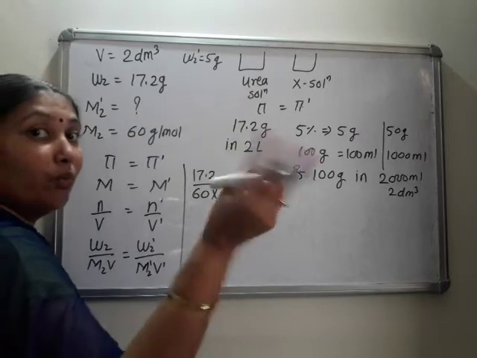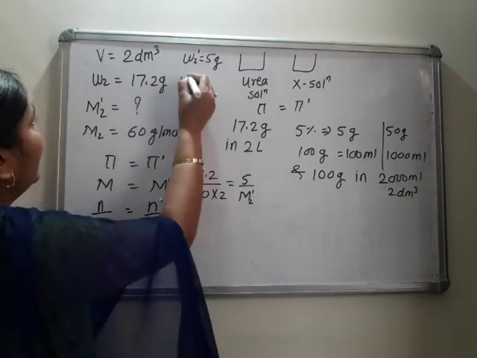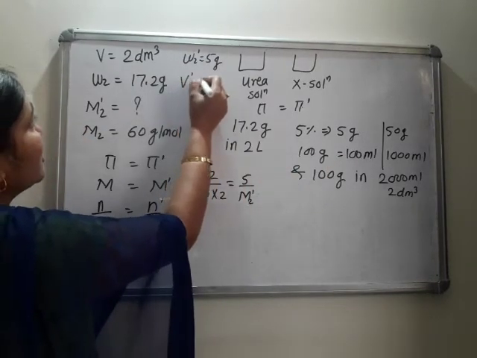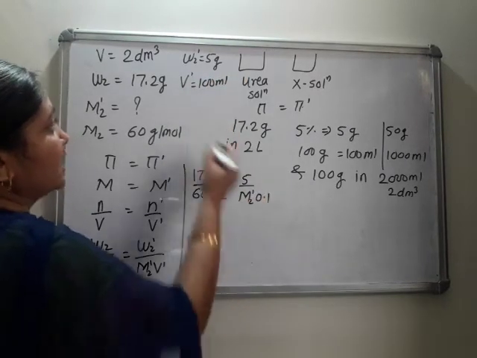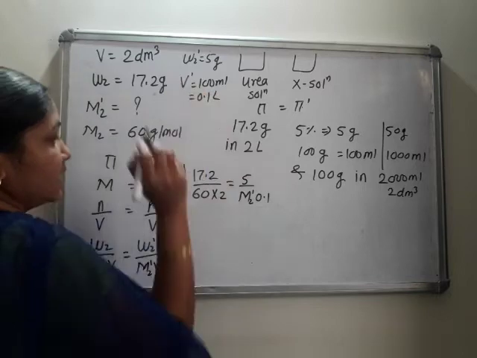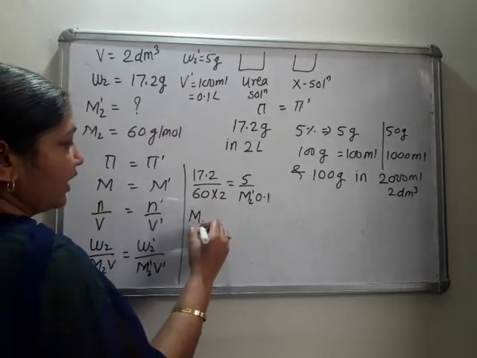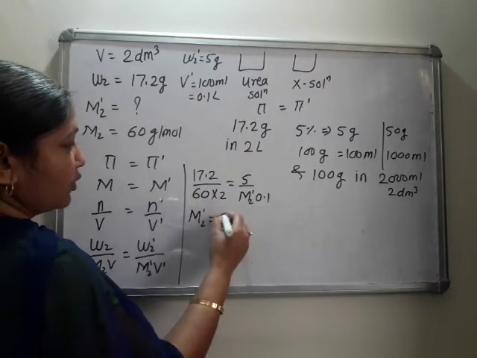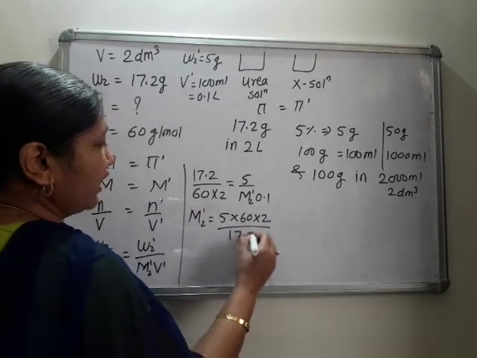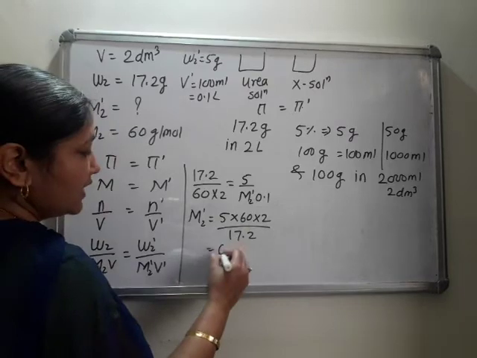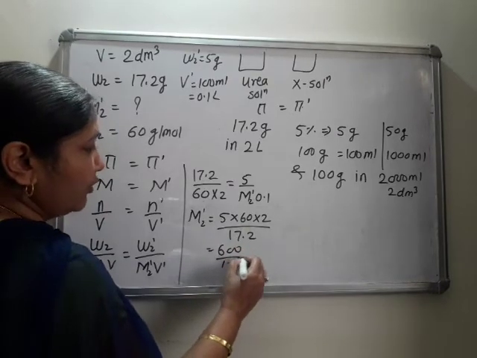I'll tell you two methods to solve this. And what is it? v dash is equal to 100 ml. So that is 0.1 liter. Okay. See, if we simplify in this way, M2 dash is equal to 5 into 60 into 2 upon 17.2. So how much is this? 600 upon 17.2.